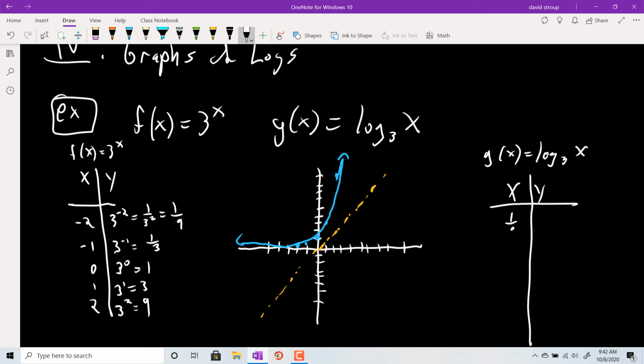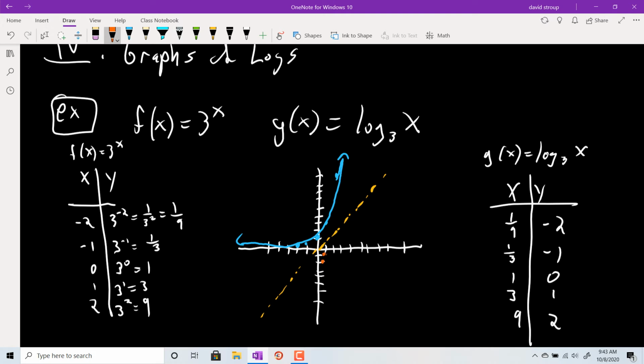So you'll have 1/9, comma -2; 1/3, comma -1; 1, 0; 3, 1; 9, 2. Okay. And then you could graph that, or you could just visually pull it off as well. I'll go ahead and graph the points. So 1/9, -2.